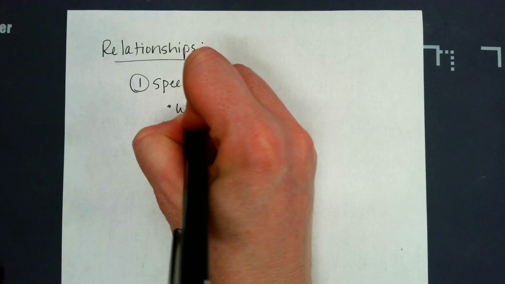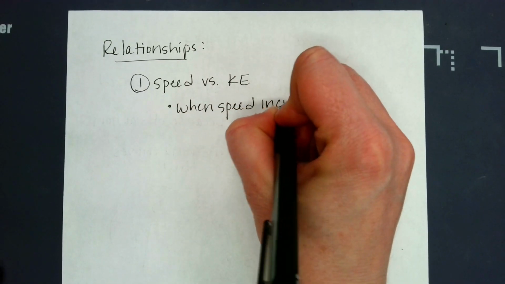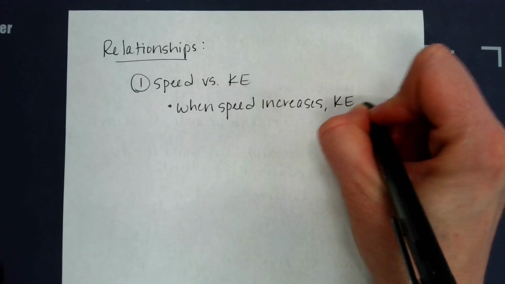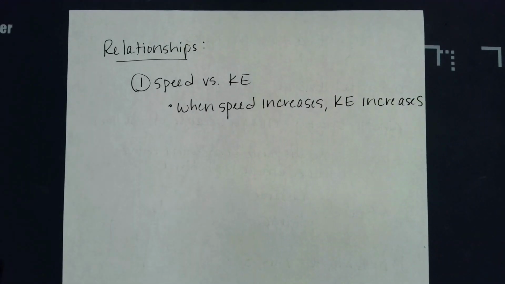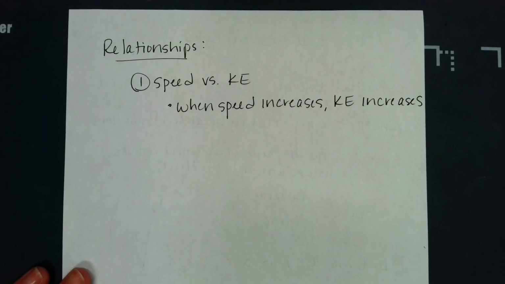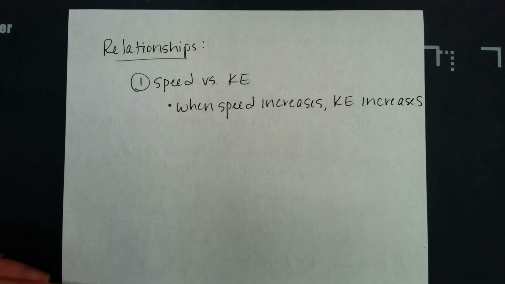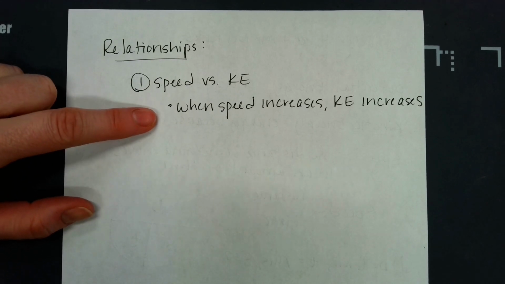So when speed increases, kinetic energy increases. This is called a direct relationship, when they both go the same way. Okay? You can write this in symbols. We're studying physics right now.